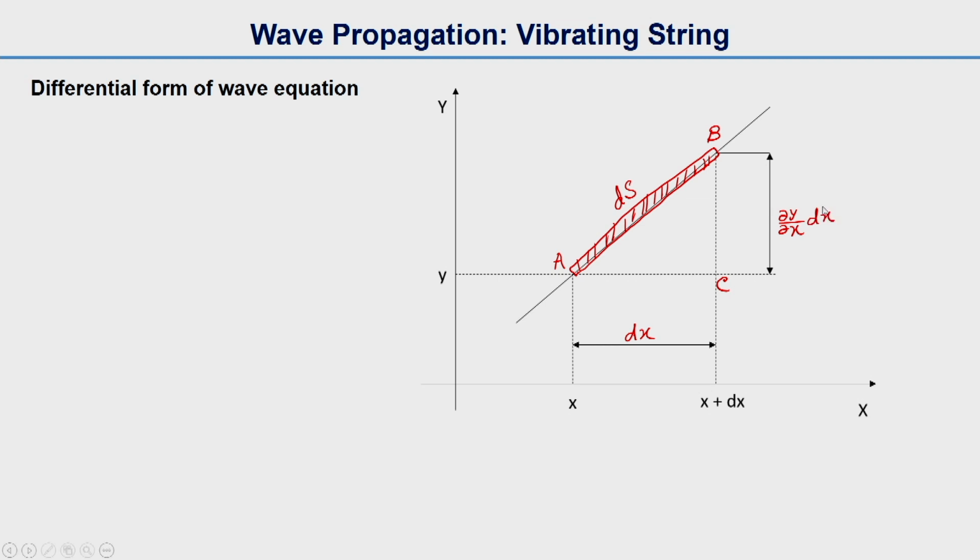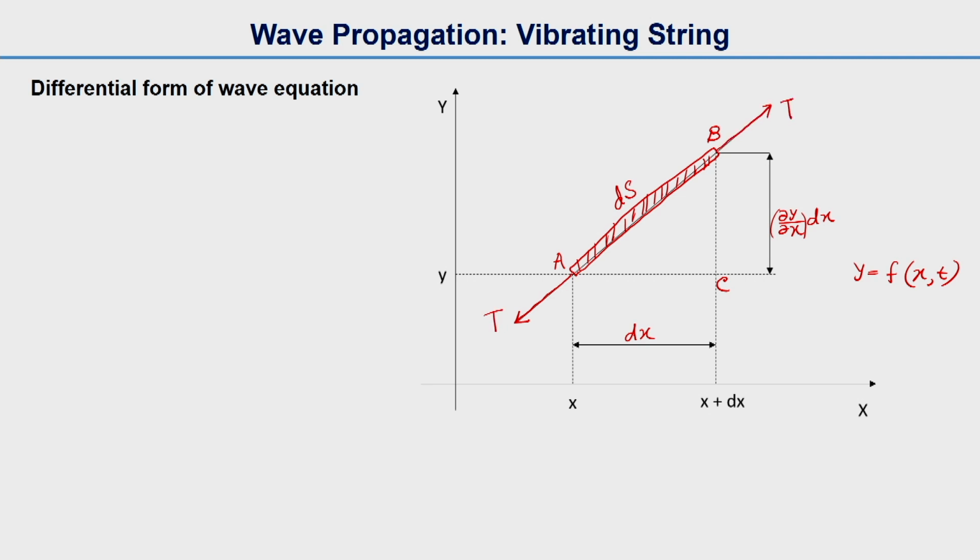So, as you know, y is a multivariable function, a function of x and t, both position and time. So we can express this vertical distance from B to C this way. First we should understand that the string is in tension, and this is the line tension acting along the string.